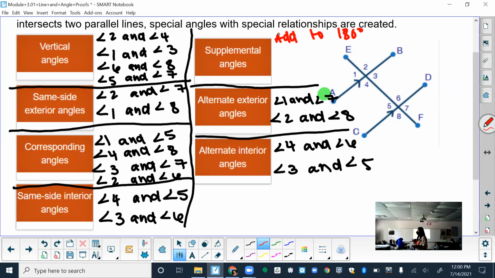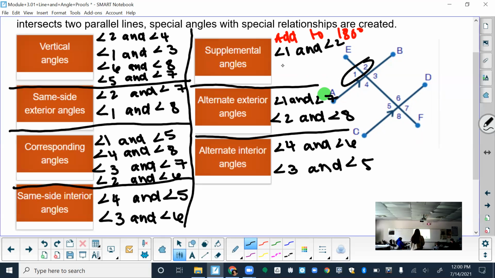They basically make a straight line. So some examples of supplemental angles could be like 1 and 2. All right, so angle 1 and angle 2 are supplemental because when you add them together, they equal 180. They make a straight line.